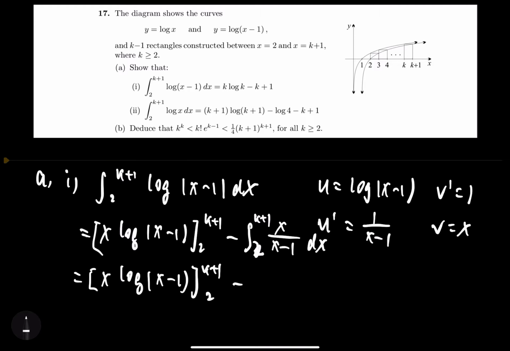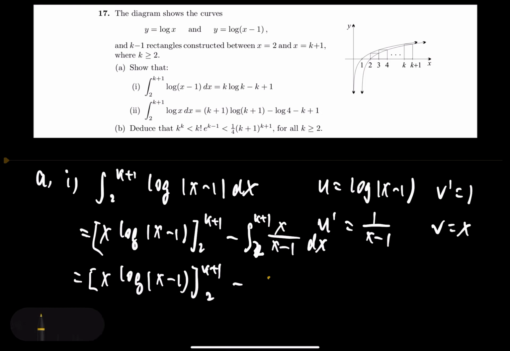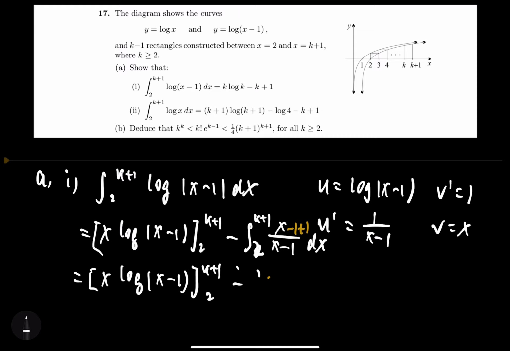And the second half of the integration, I'm going to do some manipulation to make things easy. So I'm going to minus 1 here and plus 1. Then you can easily integrate it by changing it into 1 plus 1 over x minus 1 dx.